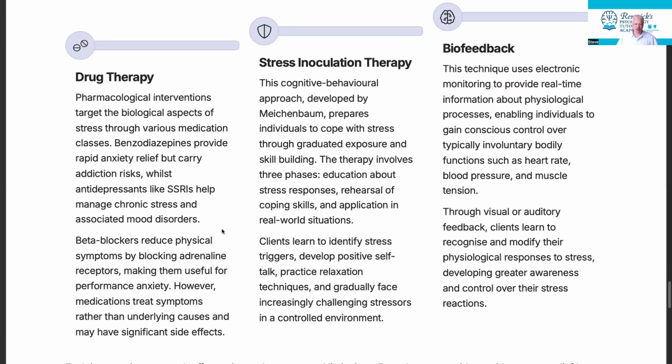CBT or stress inoculation therapy is a cognitive behavioral approach developed by Meichenbaum. So you learn to have gradual exposure and build your stress coping skills. You've got 3 phases to this stress inoculation therapy. You've got the initial phase of education about the stress response, so you educate what's going on.